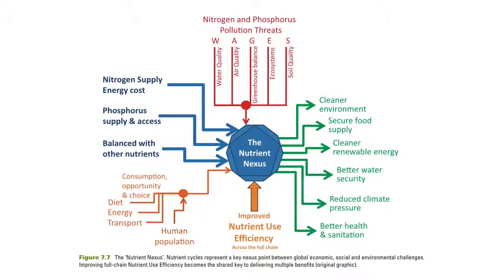And then we have these threats from excess nutrients, where we have too much nitrogen and phosphorus influencing air and water quality. Our goals that we want to influence as engineers are on the far right-hand side, where we're trying to balance cleaner environment, greater food security, better water security, reduced climate pressure, better health and sanitation. Right? So we're trying to do all these things in managing this cycle of nitrogen and phosphorus.